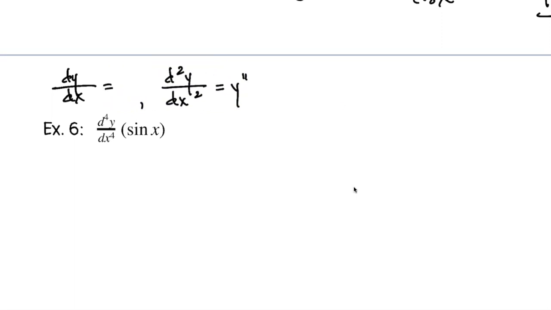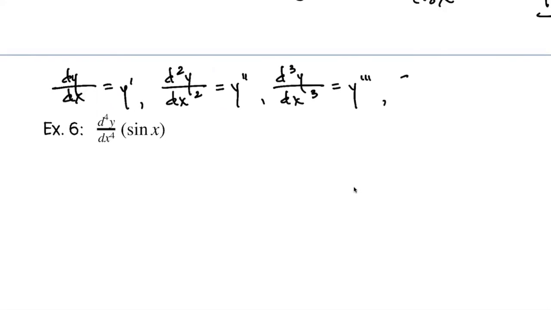Okay, so if we leave a little bit more space in here, maybe we can write in a reminder that dy dx is the same as y prime. D squared y dx squared is the same as y double prime. And we can sort of keep going. If I have the third derivative, I might write it something like this, or y triple prime. And then after 3, we tend to start to use numbers.